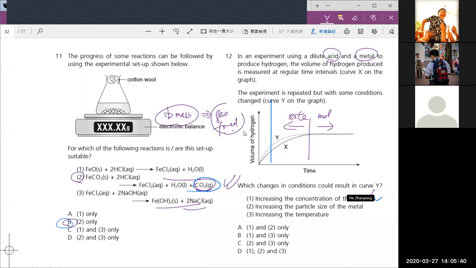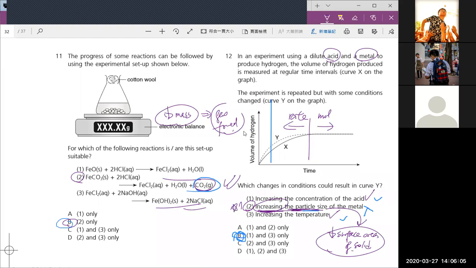How about 2? It is very, very tricky. Can you see that increasing the particle size, what does that mean? It means decreasing the surface area of the solid. Remember that this is a very tricky point here, so could you please mark a star here?